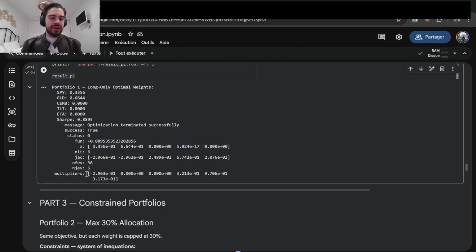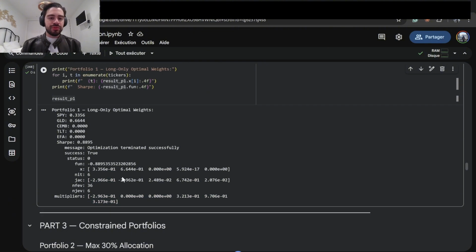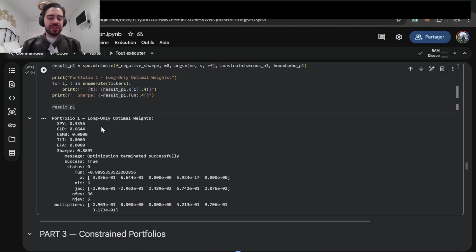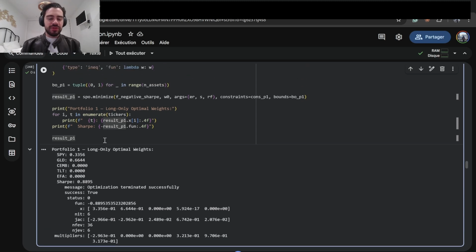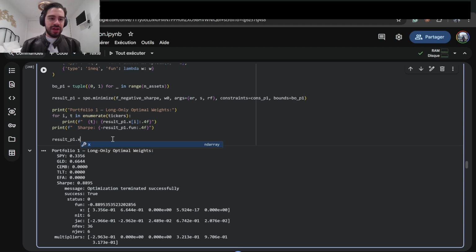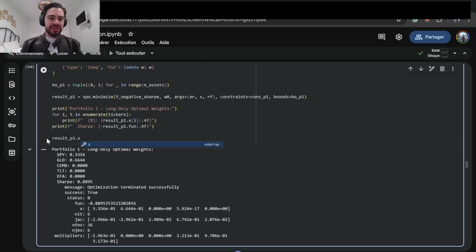We also have these other variables here, which can be used for other data regarding the results of the operation. But the most important data right now is going to be .x. Why .x? Because of this attribute here. So it's a dot and then an attribute. And that's basically what it's giving here.